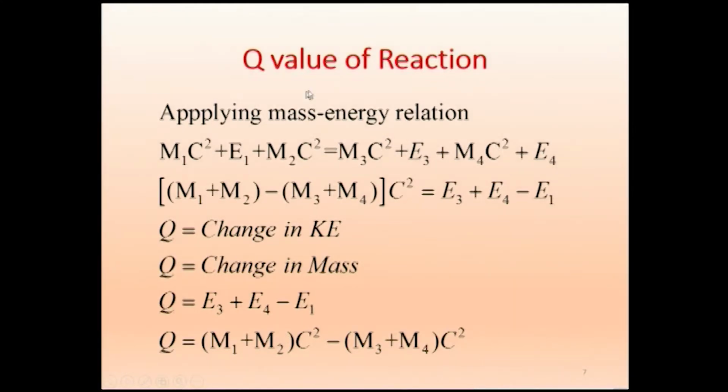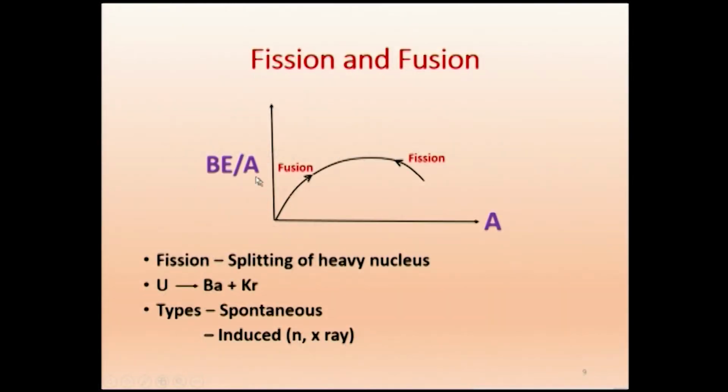Now we will discuss fission and fusion. This can be studied as a separate heading or also under nuclear reactions, because fission is a reaction and fusion is also a reaction. Now we will outline where you get fission and fusion, or in what types of elements such a thing is possible.